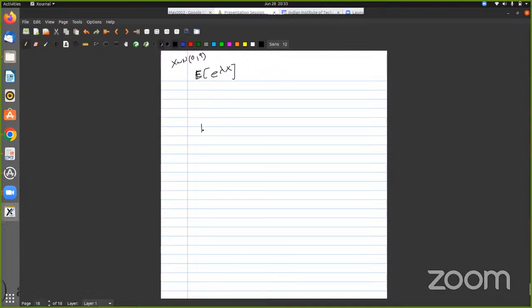I told you, can you tell me the expansion of e to the power x? 1 plus x by factorial 1, plus x square by factorial 2, plus x cube by factorial 3, and so on. Now can you tell me the expansion of e to the power lambda x?